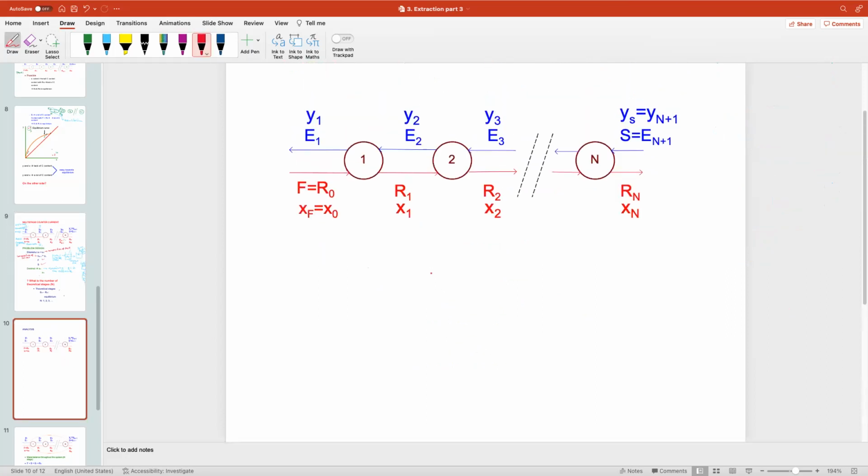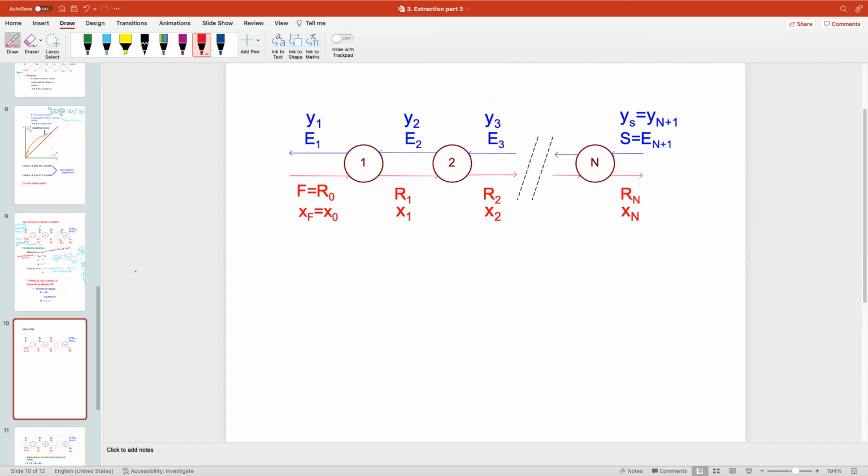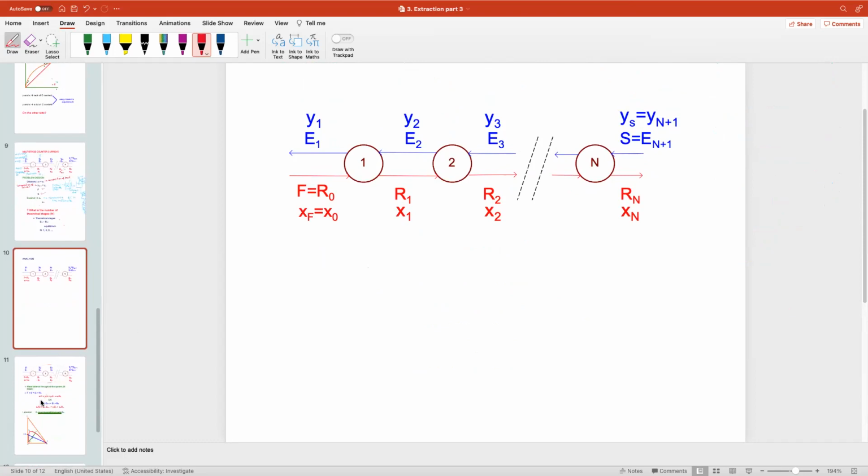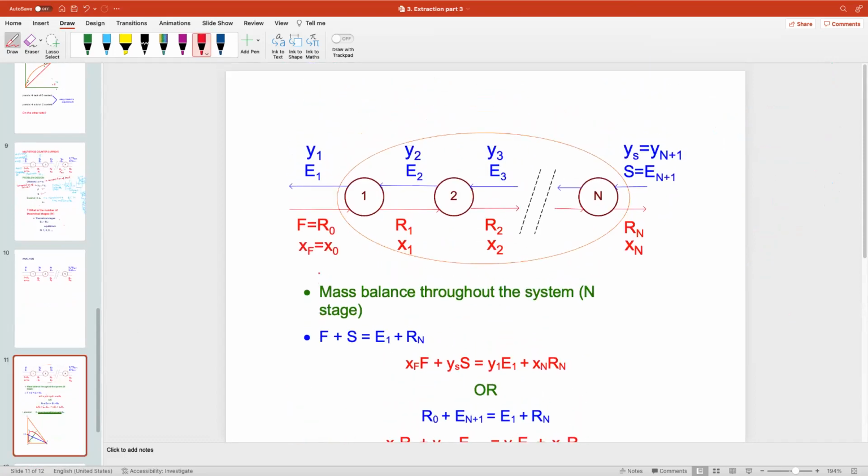All right, next step. Let's start from the analysis. First we're gonna draw again. There's a similar one. Usually in the class I would pause this and ask the students to write it by themselves in their book, so they can have an idea again of which stream contacts which stream, and what is the outcome of the stages.